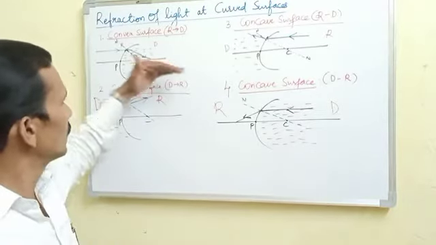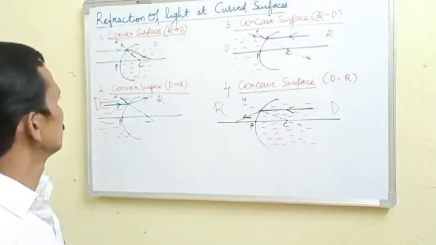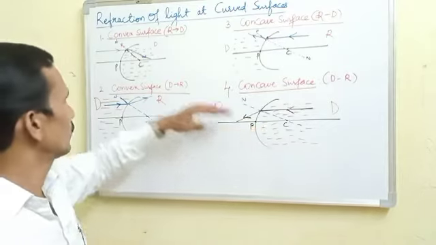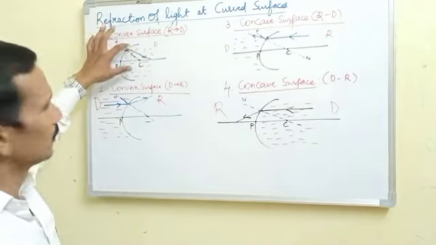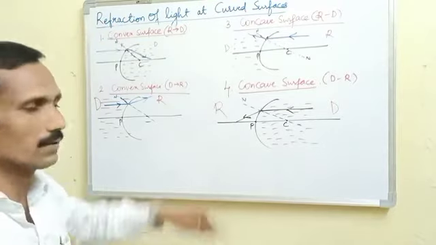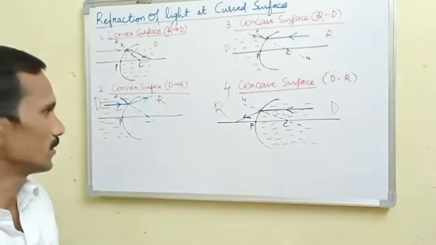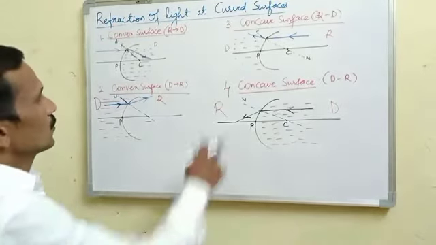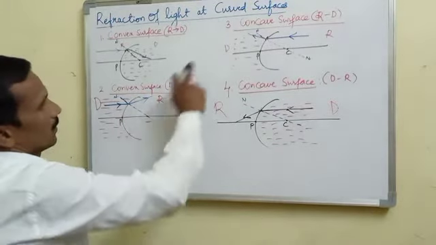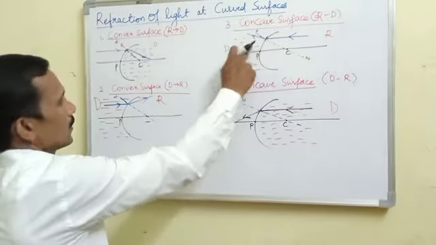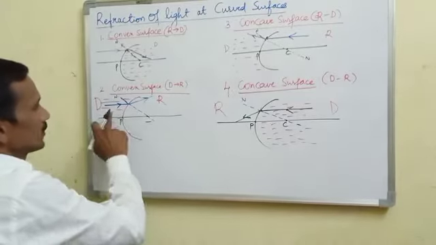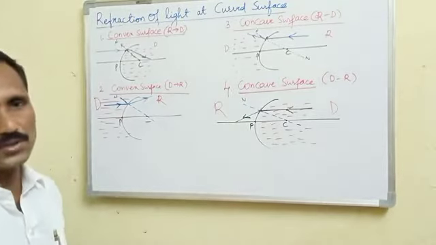Here away from the normal, here towards the normal, but converging at the principal axis. In these two cases, a concave surface striking rarer to denser, and a convex surface denser to rarer, it is a diverging ray.